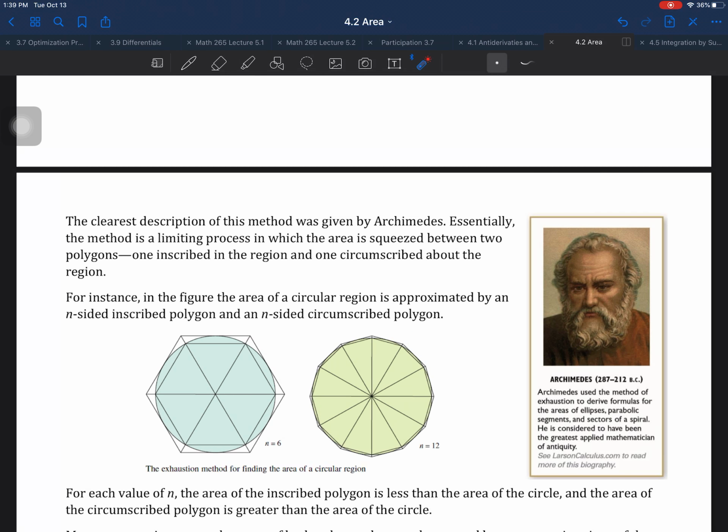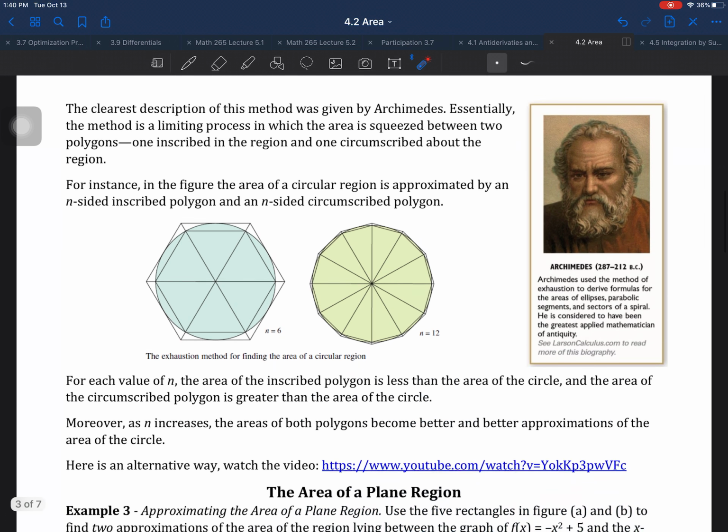And so Archimedes was one of the greatest, I want to say physics engineers, but he used a lot of math, right? And he had a lot of ideas. One of his very interesting ideas was that he was able to calculate the area of a circle by creating triangles. One of his arguments was that he could make this very accurate by making the triangles even smaller.